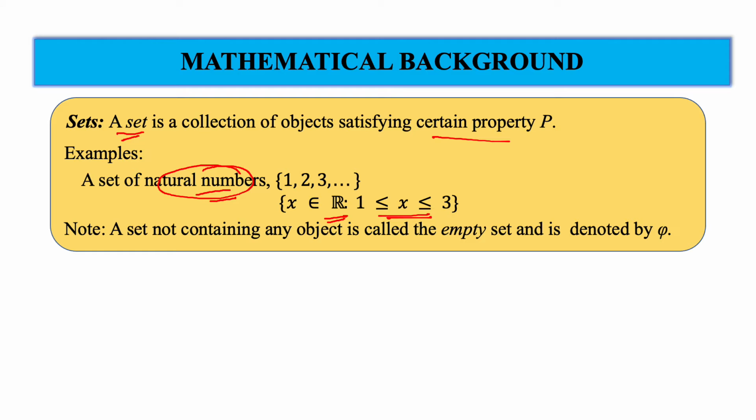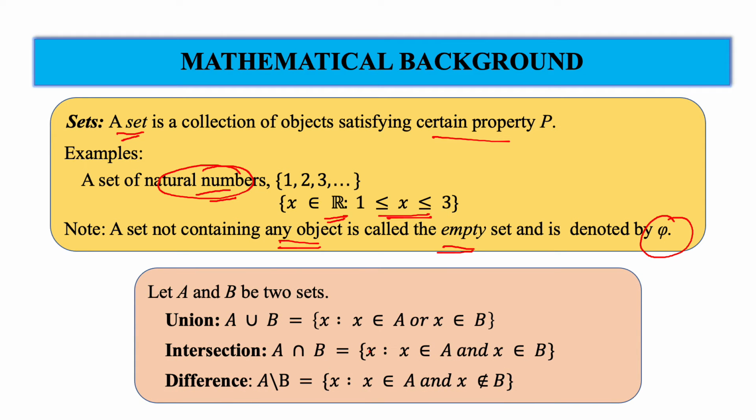Now there could be some cases where a set doesn't contain any element or object. Such sets are called empty sets and we denote them by the letter phi. Now let us see some operations on sets.